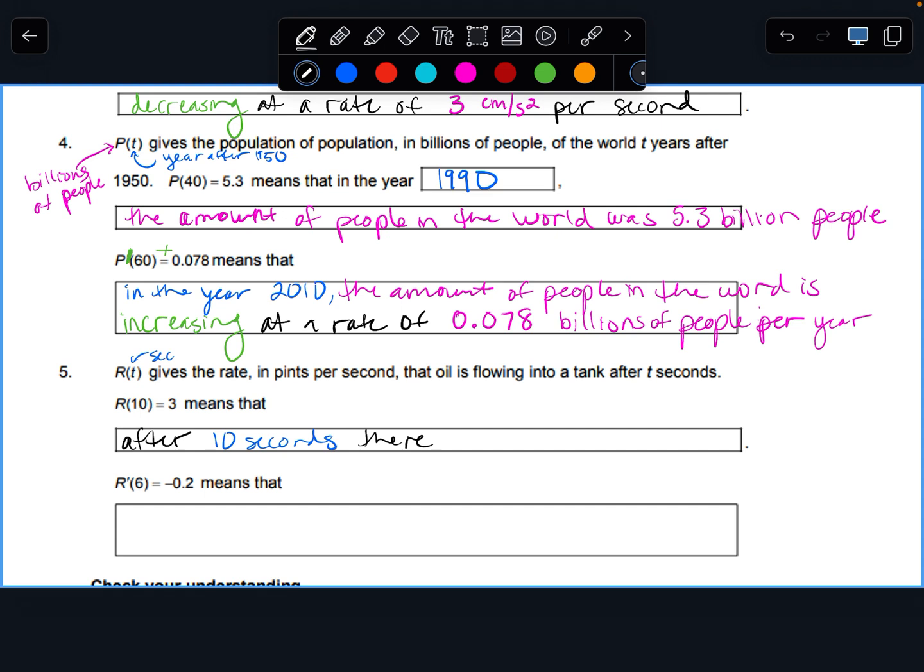Oh my god, it's rain. Number 5 does not give me enough room.